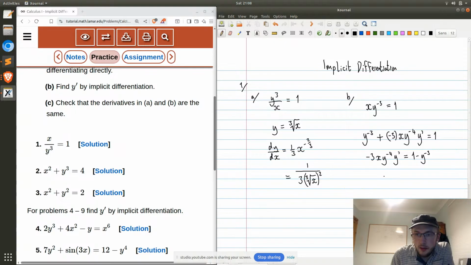And then divide through by all of that. So y prime equals 1 minus y to the minus 3 all over negative 3xy to the negative 4.